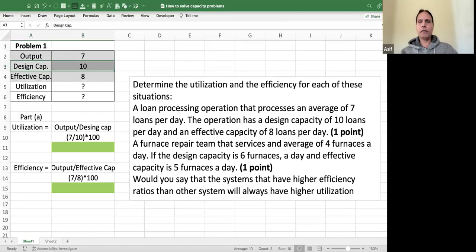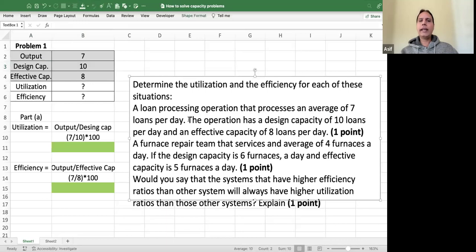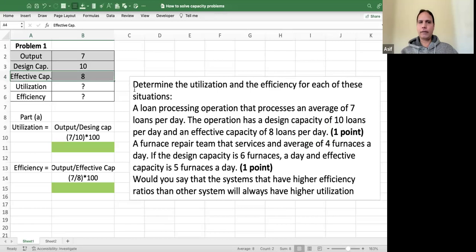That's also perfectly fine. And then the next part is the operation has an effective capacity of 8 loans per day. Again, this is very straightforward because it's mentioned that this is effective capacity. So I will write here effective capacity is 8.